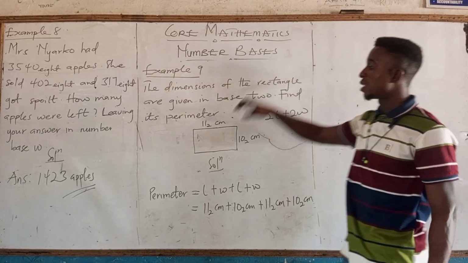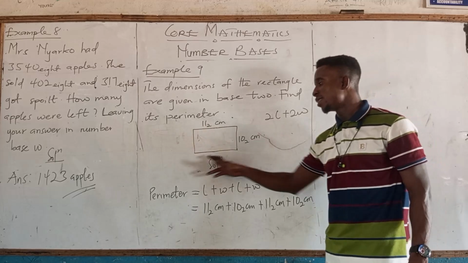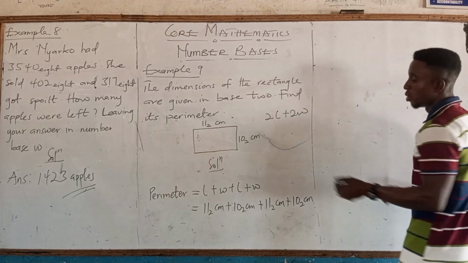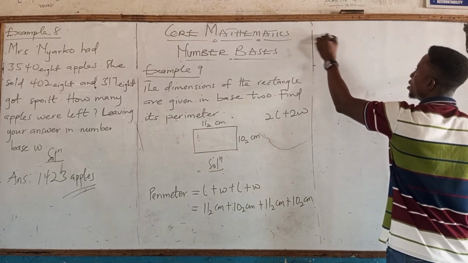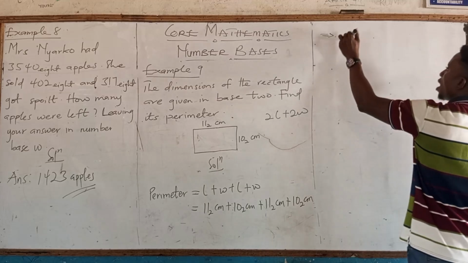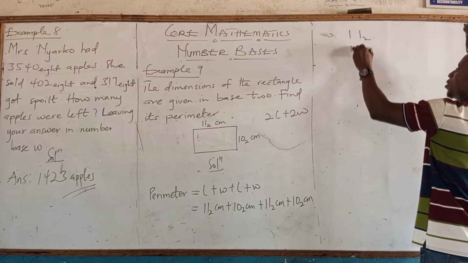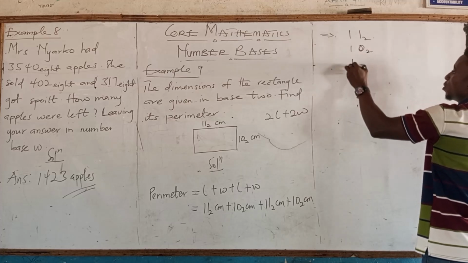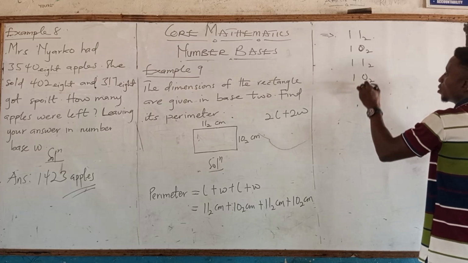Because we know the total distance around the shape is a perimeter. So this implies I will have the 1 base 2, 10 base 2, 1 base 2, then 10 base 2.